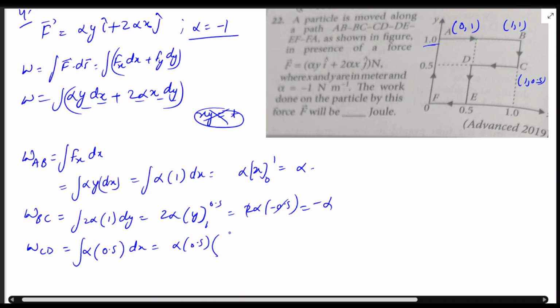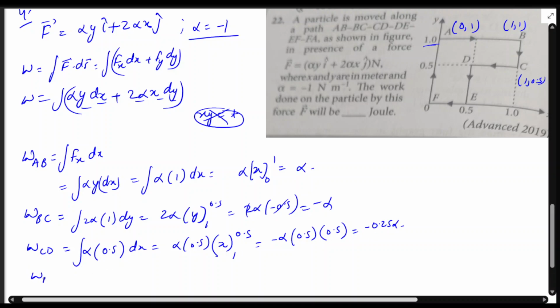What will be dx? So dx will be x and the limit will be from 1 to 0.5, right? So again, it will be minus. So it will be minus alpha 0.5 into 0.5. So you can write minus 0.25 alpha, right?